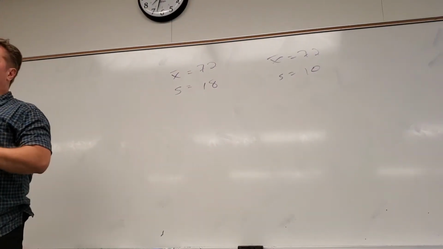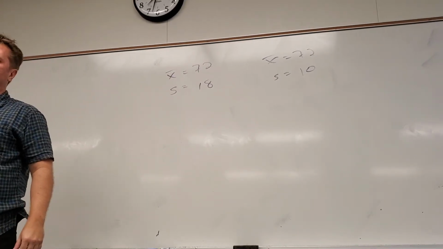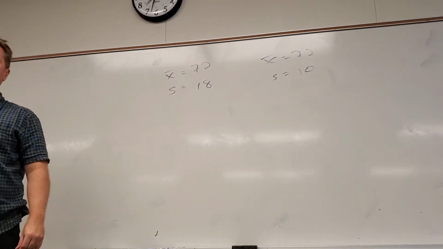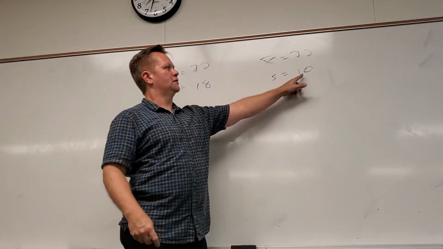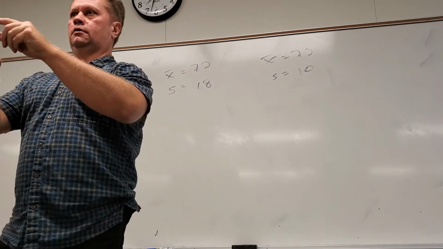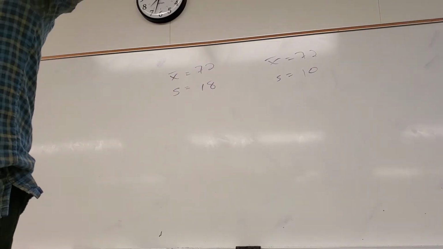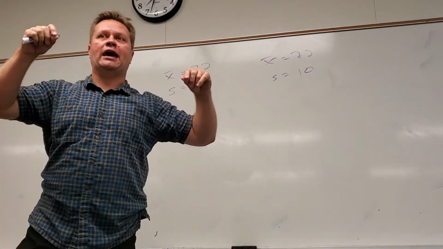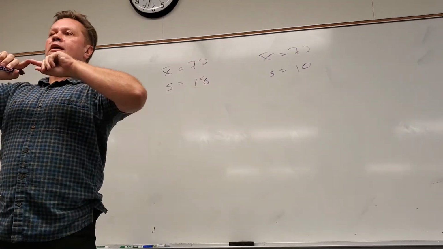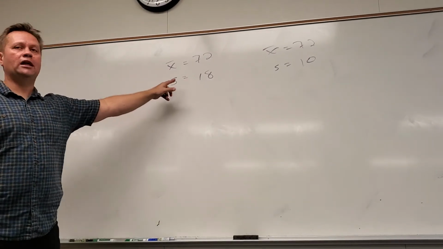Which one is it more likely that somebody got a higher grade? What does this 10 tell me? That's the spread. That's how far, on average, the data points get away. So which one has data points that get away from the average more often? The first one. I love it.